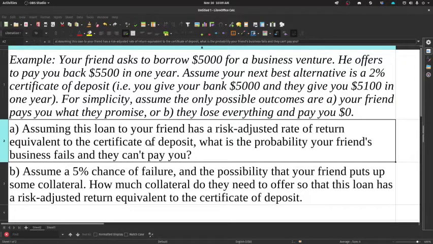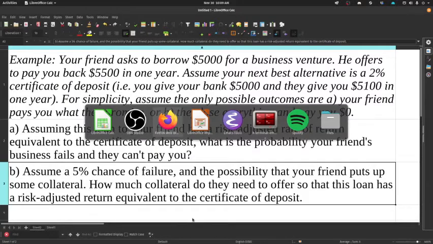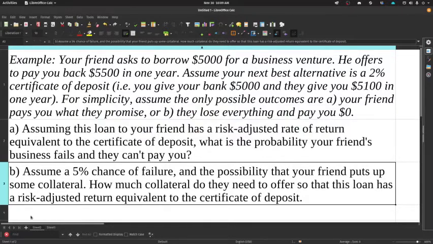If these two are going to be equivalent, what does that tell us about the risk that we're facing by loaning the money to your friend? And then we'll go the other direction. We'll think, if there is some chance of failure, then how far off is this loan from what we really want to see?